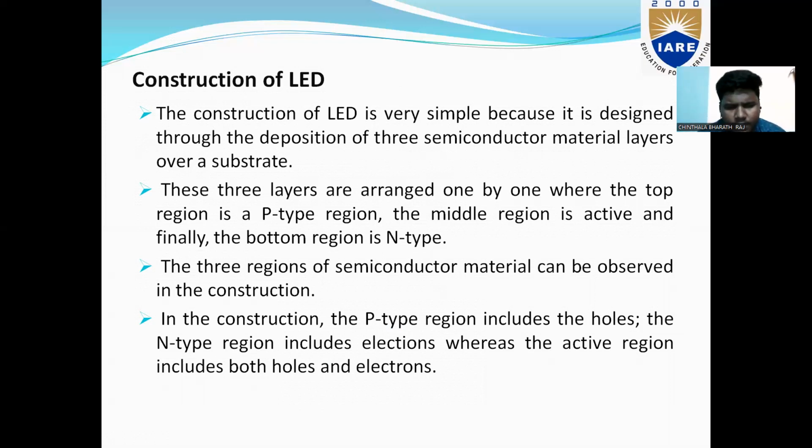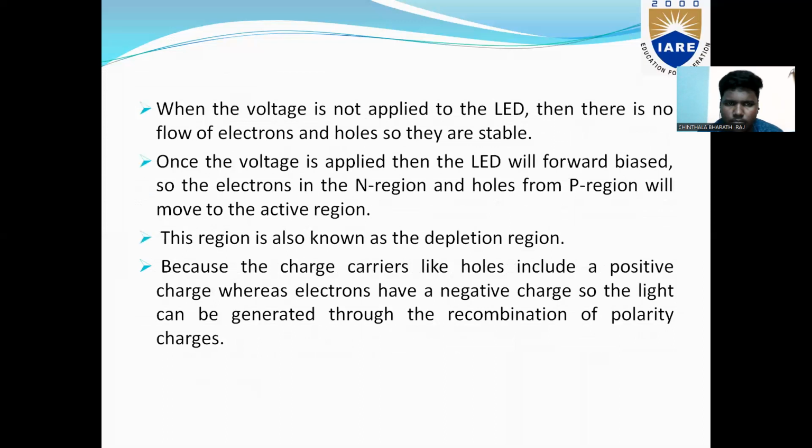In the construction, the P-type region includes holes, the N-type region includes electrons, whereas the active region includes both holes and electrons. When voltage is not applied to the LED, there is no flow of electrons and holes, so they are stable. Once the voltage is applied, the LED becomes forward biased.